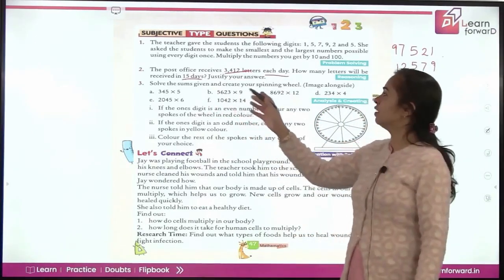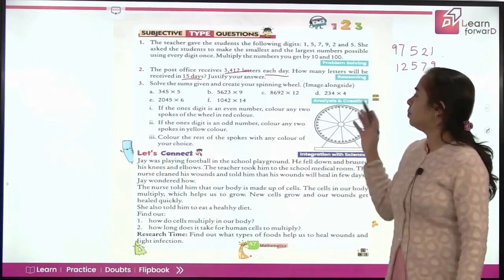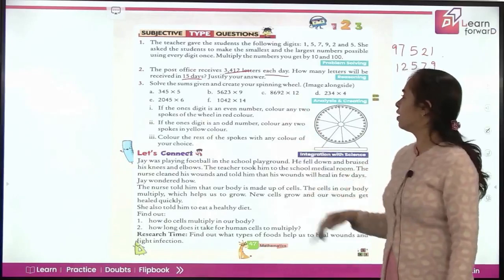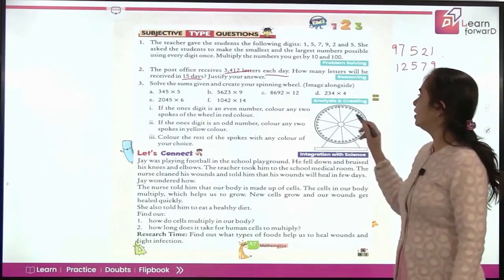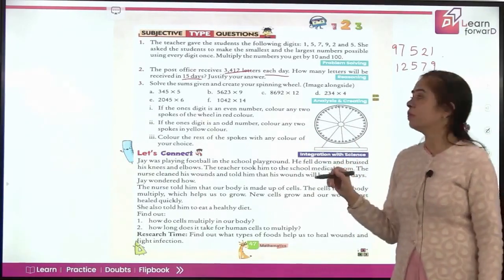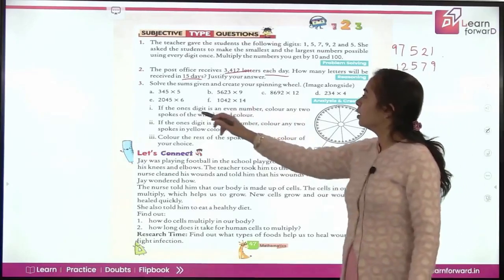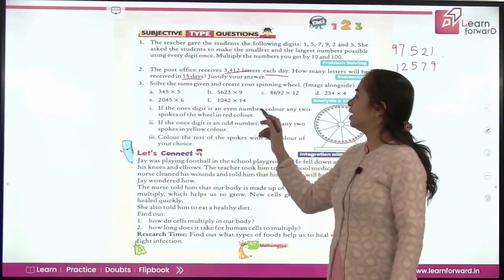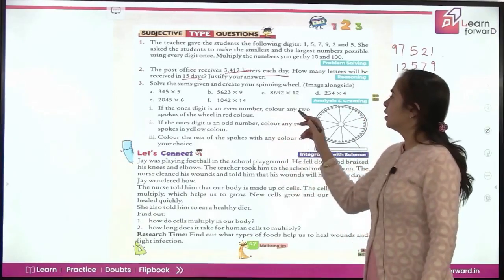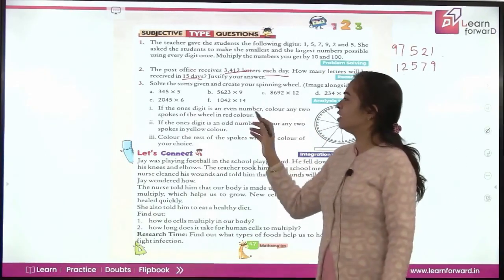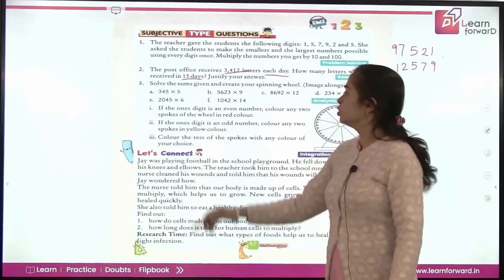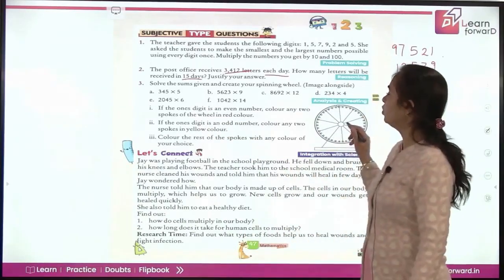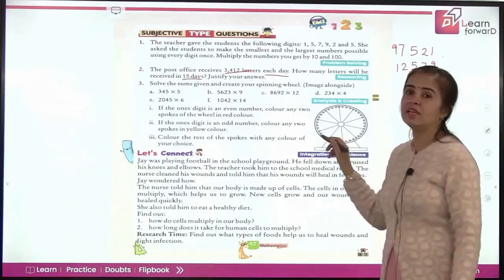Solve the sums given and create your spinning wheel. So, these are your sums. You have to solve them and you can write the numbers here in the spinning wheel. Coming to next, if the ones digit is an even number, color any 2 spokes of the wheel in red color.